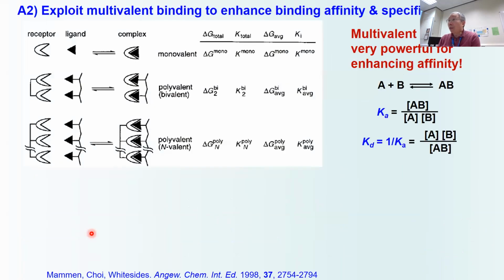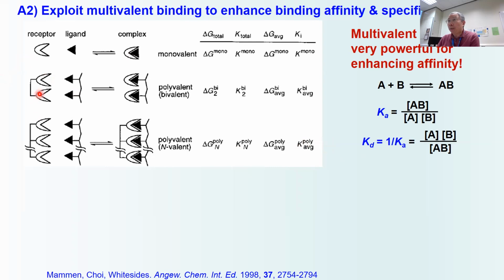And why is multivalent binding really important? If we consider it from the thermodynamic point of view, with receptor-ligand one-to-one binding, we have the binding delta G, which is related to the association constant of the binding. Alternatively, we can also use the KD, or the dissociation constant.